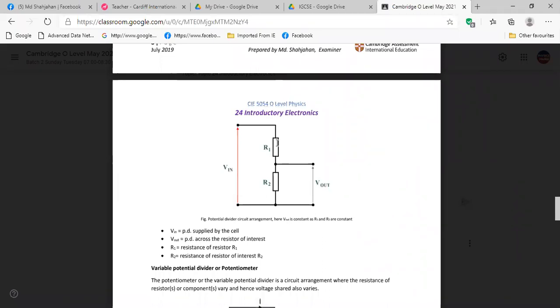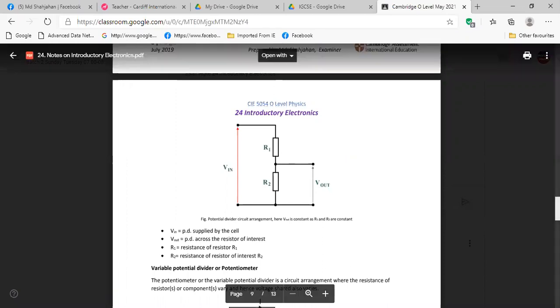It can be a resistor, a light, or any other device. If they are connected in series, then the source voltage will be divided according to their resistance.